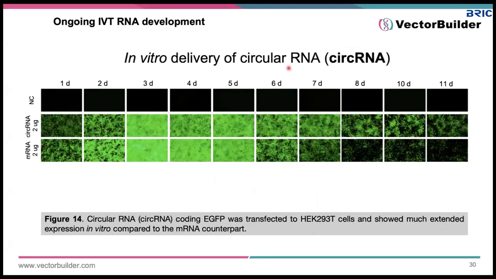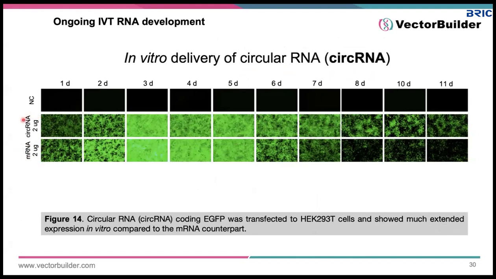Another form of IVT RNA is called circular RNA or circRNA. That is different from both mRNA and saRNA because circRNA exists in a single-stranded circular format, whereas both mRNA and saRNA exist in a single-stranded linear format.